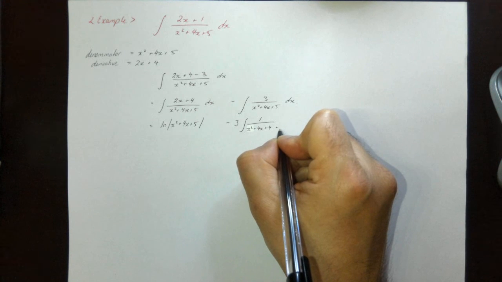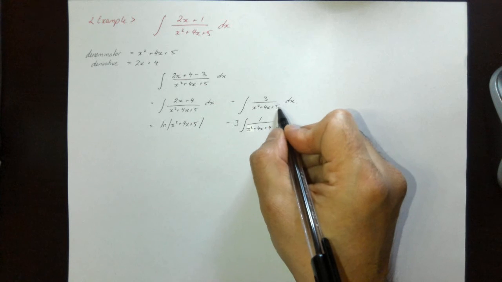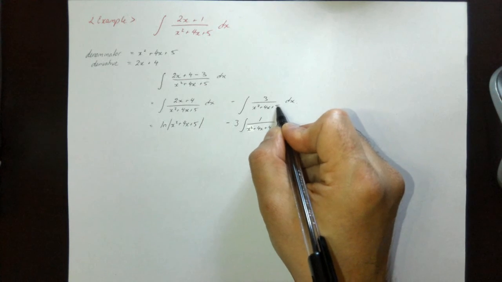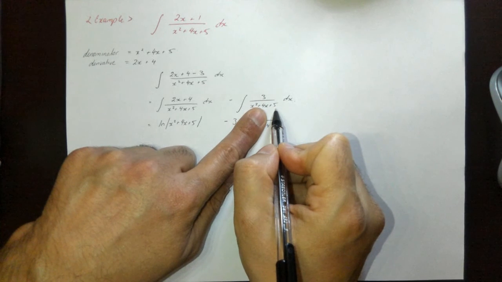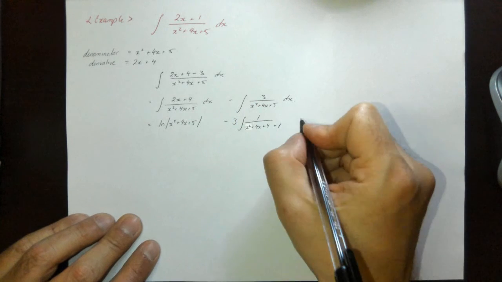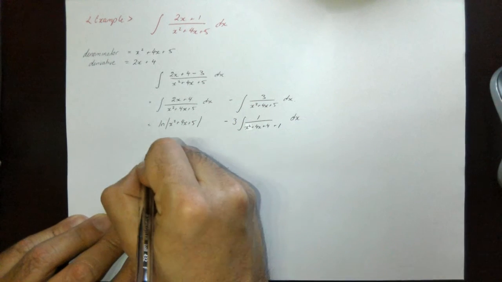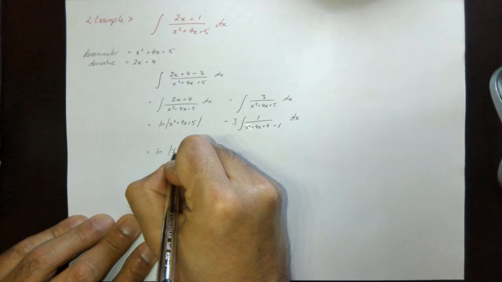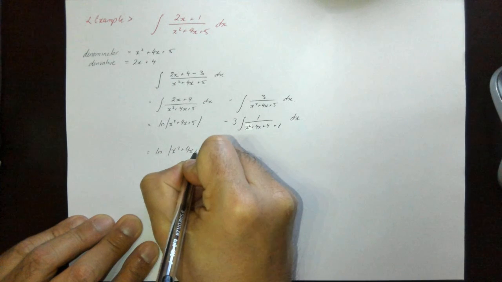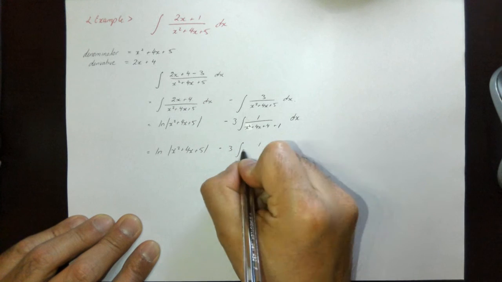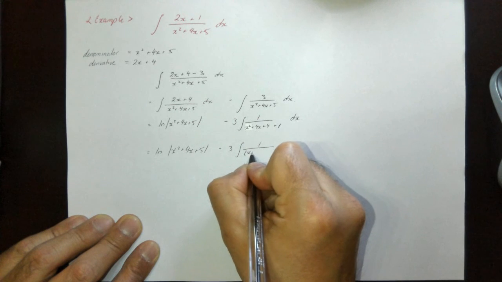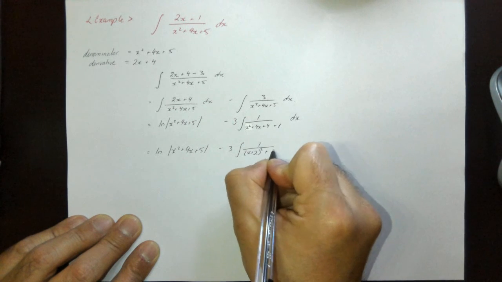The reason I have 4 is so I can split that to be 4 plus 1, making 5. That's actually quite nice. So we get x plus 2 all squared plus 1.